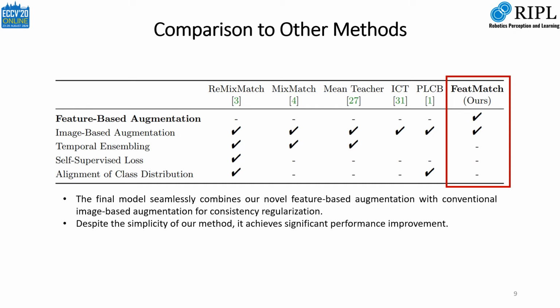Compared with other image-based augmentation, our feature-based augmentation method is simple and effective. For example, ReMixMatch, one of the state-of-the-art image-based augmentation methods, combines several advanced techniques such as temporal ensembling of the model, self-supervised loss on the unlabeled data, and distribution alignment to calibrate the prior class distribution. Despite the simplicity of our method, we achieved significant performance improvement on several standard benchmarks.